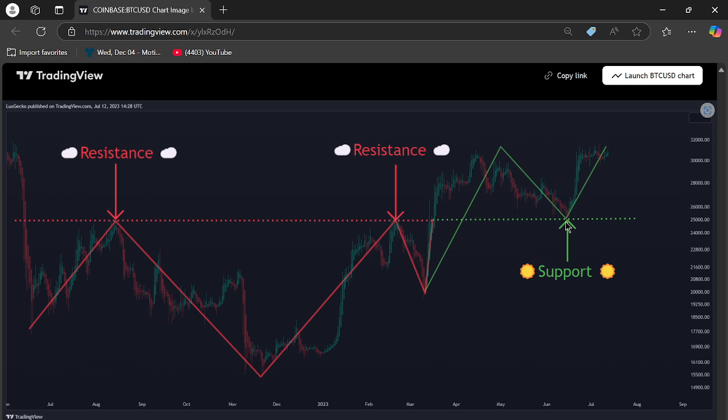Support refers to the price level at which an asset's price has historically struggled to fall below. It is the level at which demand for the asset exceeds supply, leading to an upward price reaction where the price is touching in. Support levels act like a floor, and it prevents the price from falling even further.